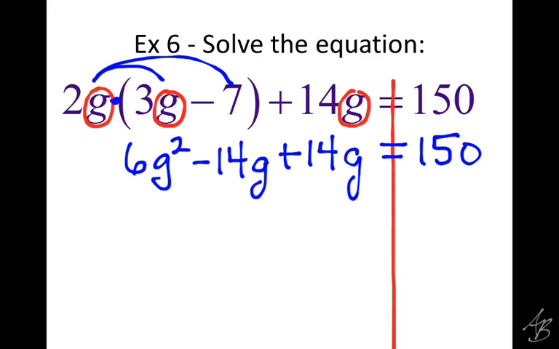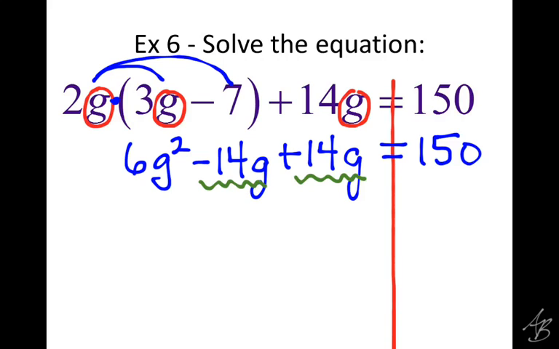Okay, so first of all, are the 6g squared and the 14g like terms? Why not? Because one of them is squared and the other one is not. All right, so since one's squared and one's not, those are not like terms. But the negative 14g and the positive 14g, those are like terms because they both have a g in there.